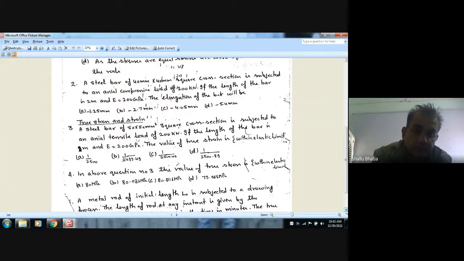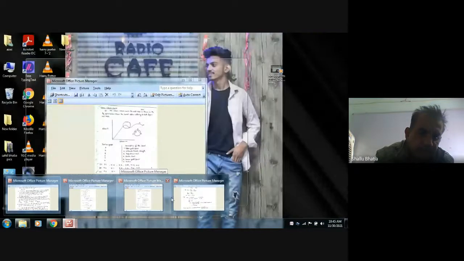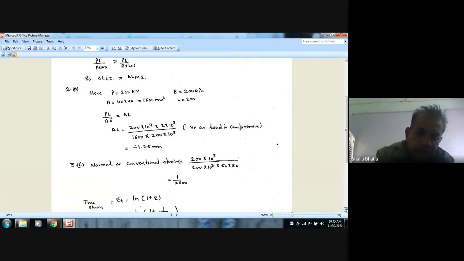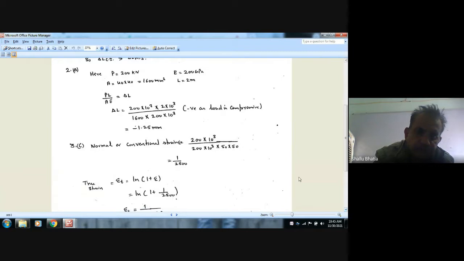This is within elastic limit. First, we have to find out the normal strain or conventional strain, which is nothing but P by A into 1 by E. P by A is 80 MPa and E is 200 into 10 power 3. So it comes out as 1 by 2500.